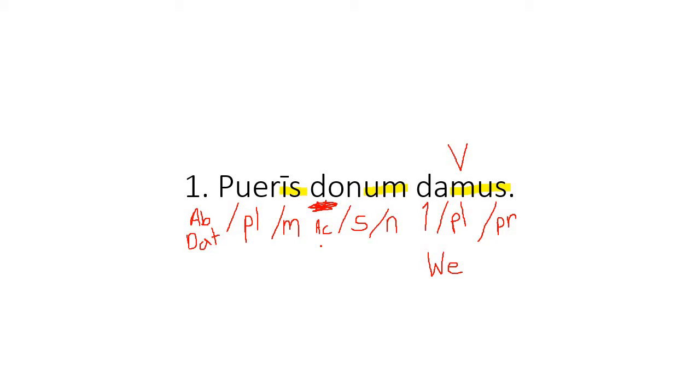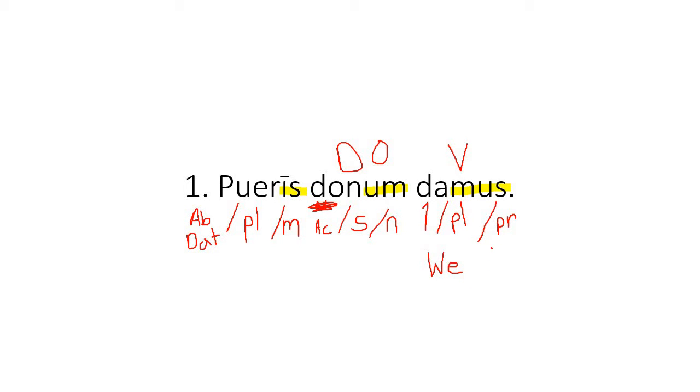And accusative case is used for what? Not the subject, but the direct object. So we have DO for direct object. Okay, and that leaves us with this one. We probably want to try to translate. So da comes from do, dare, dedi, datum, which is to give.